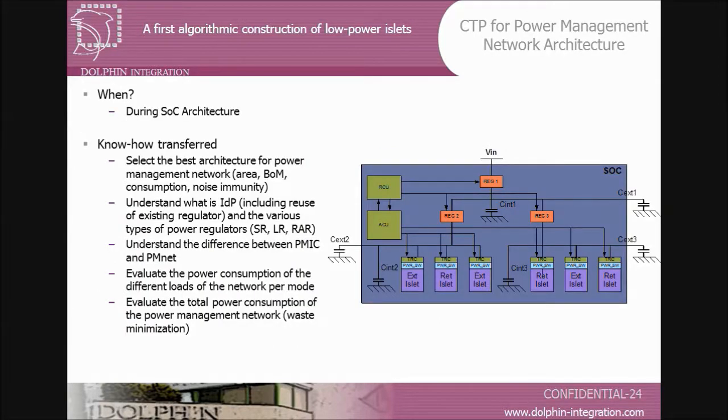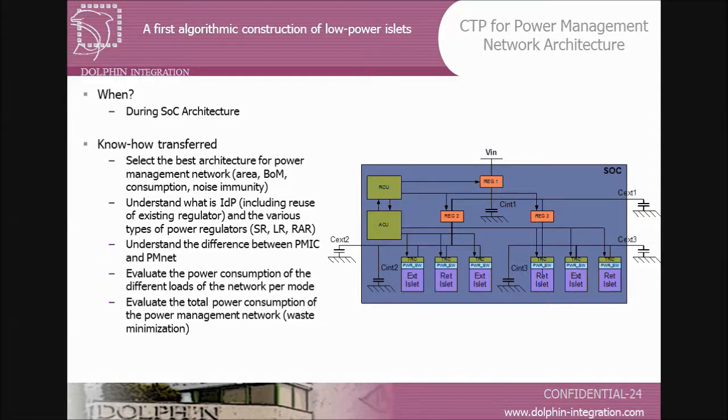So here are examples of CTP we have selected to help the SOC integrator to perform low power construction. So here the CTP will focus on the power management network architecture. The transfer of know-how will be based on different items. How to select the best architecture for power management network, depending on your criteria.